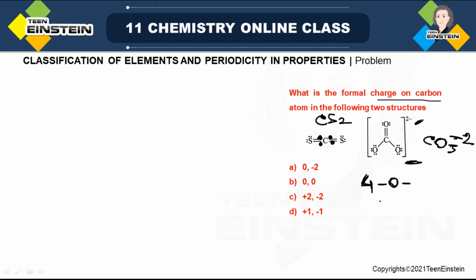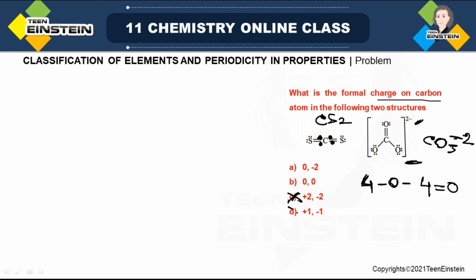Total bonds surrounding carbon are actually 4, so obviously the number of bonding electrons is 8, and 8 by 2 is 4. So rather than considering B by 2, I will suggest just counting how many bonds there are. It is 4 bonds. 4 bonds means 8 electrons, and 8 by 2 is 4. So directly take 4 bonds. So what are you getting? You are getting 0. So for the first one, it is 0.